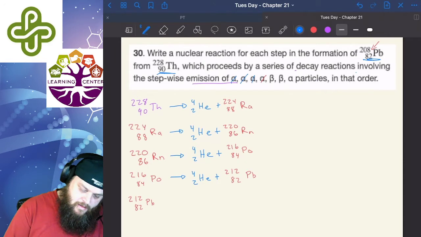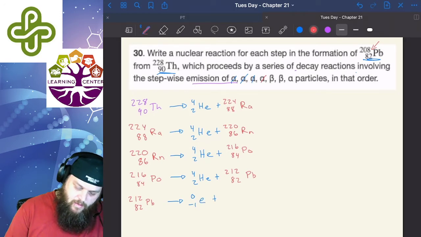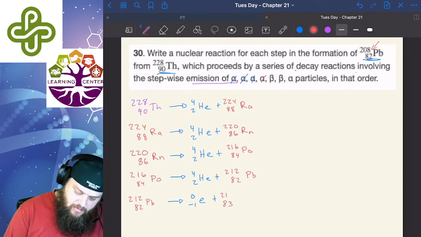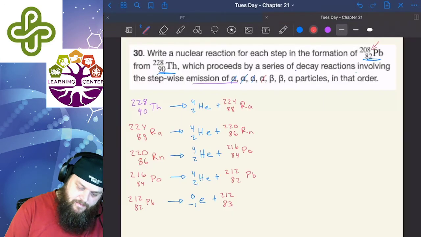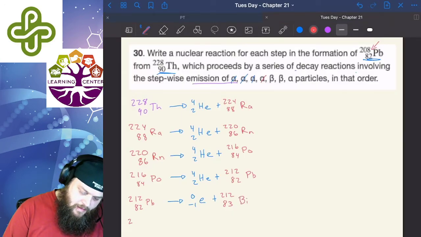Lead is going to emit a beta particle, which is an electron, plus what? Well, at this point, this goes back up to 83, 212. 83 is bismuth. And then 212, 83 bismuth.